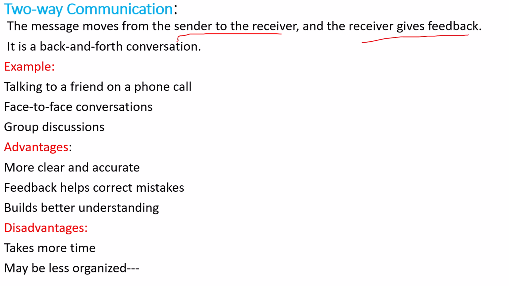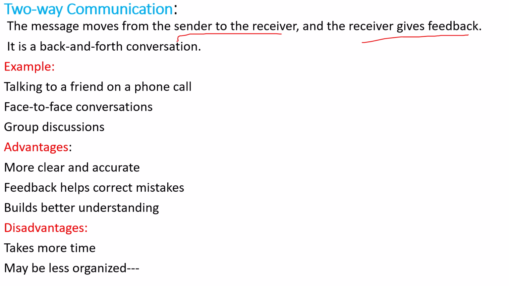An advantage of two-way communication is that the receiver responds to the information and gives feedback. It's a back and forth conversation, and here it takes more time, and the receiver is given the opportunity to respond and ask questions about what has been said or written.